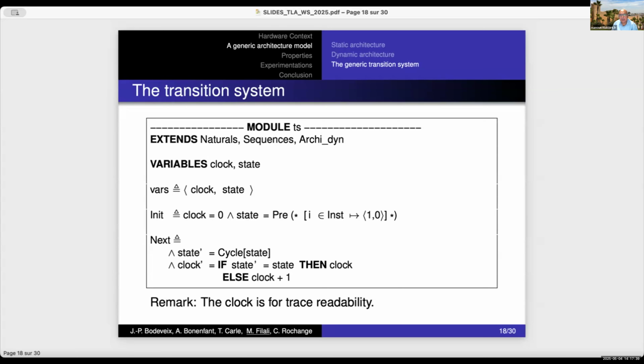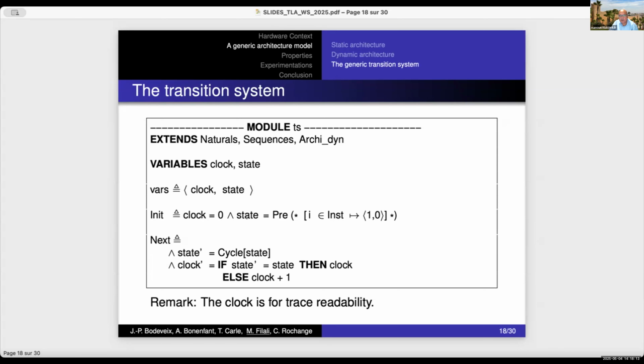And last, now we have our transition system. We have the variables here, clock and state. Clock is mainly an auxiliary variable to facilitate the reading of traces. But the main thing is the state, that is where the instructions are and what the current execution time is.